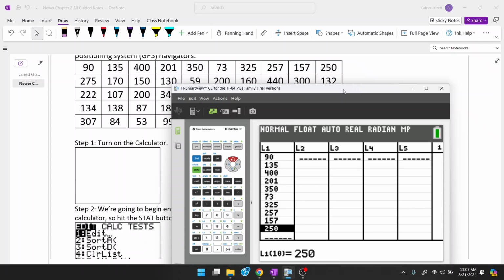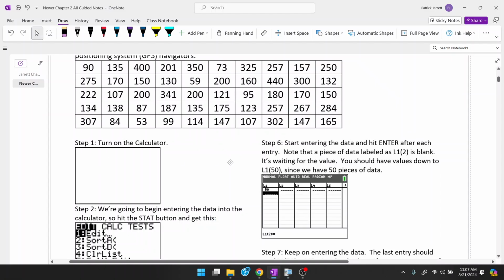Now, the nice thing is, this is list 1, and that value of 10 means that is the 10th entry on the calculator. That's the 10th entry. So, you take a few minutes and enter the rest of these.